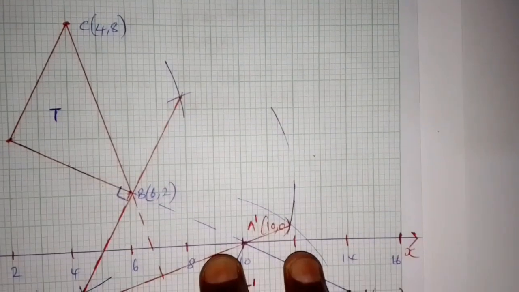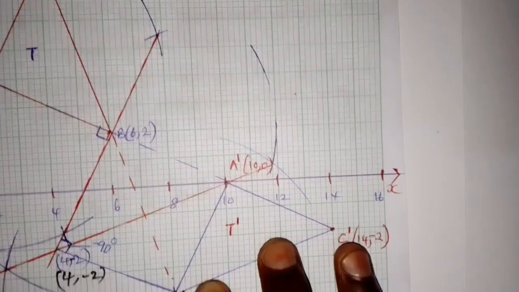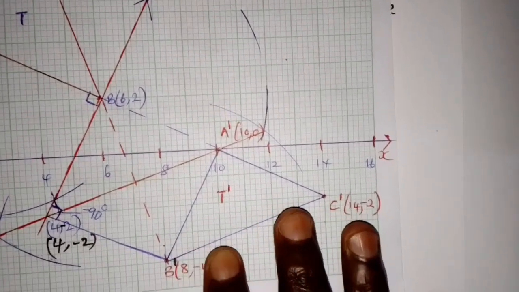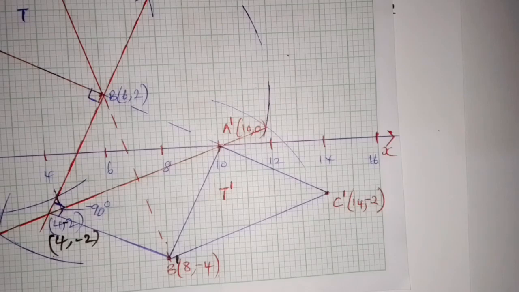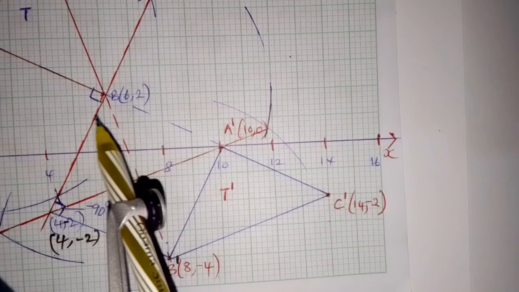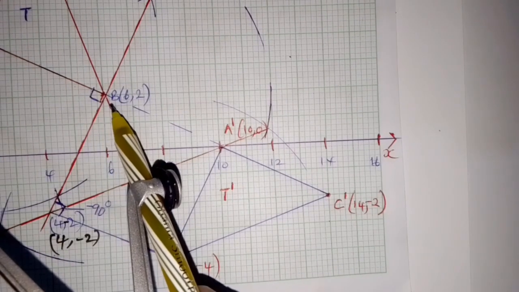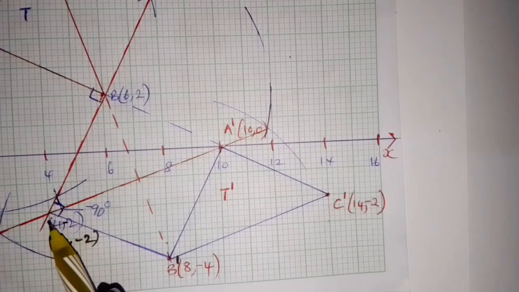Then how can we find the angle of rotation? We find the angle of rotation using a protractor. First of all, we join vertex B to the center of rotation here.